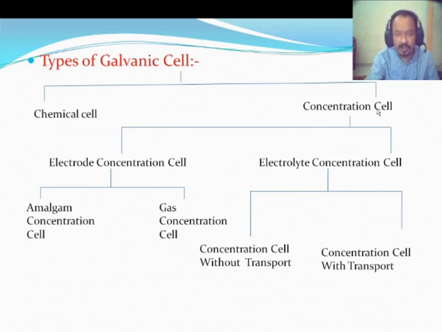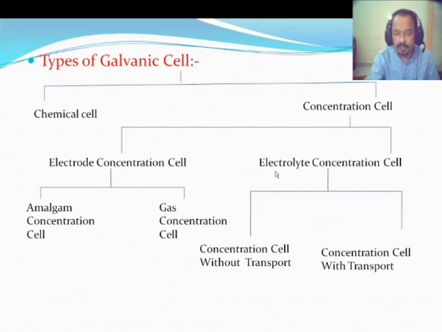That concentration cell is again divided into two types. If the electricity is generated by means of a change in concentration of the electrode, then it is called the electrode concentration cell. If electricity is generated by means of a change in concentration of the electrolyte, then it is called the electrolyte concentration cell. The electrode concentration cells are of two types: amalgam concentration cell and gas concentration cell.